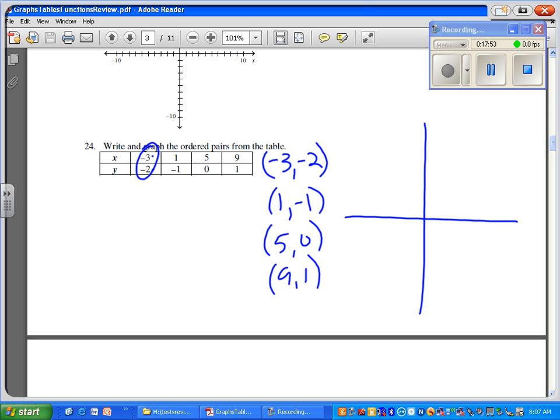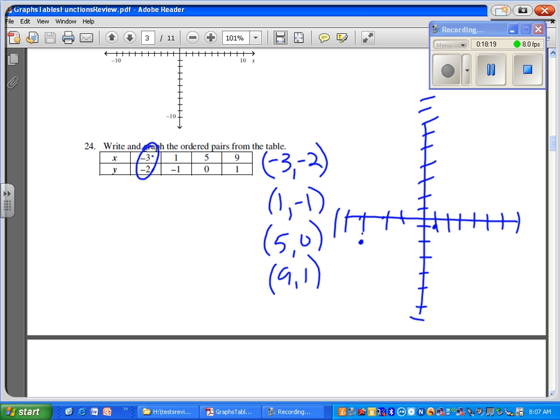I'm going to go ahead and graph it right here. All right, (-3, -2), I'm going to go 1, 2, 3 to the left, and then down 2. So negative, negative is in the third quadrant. So it's going to be right here. And then I've got (1, -1), so I go to the right one, and then down 1, so there's my point there.